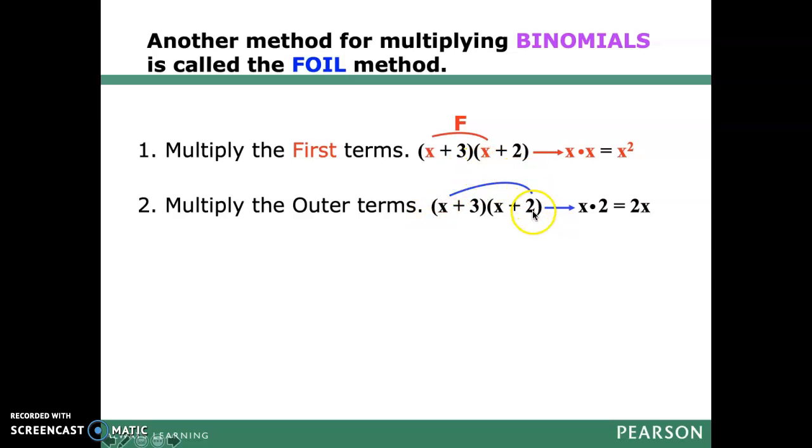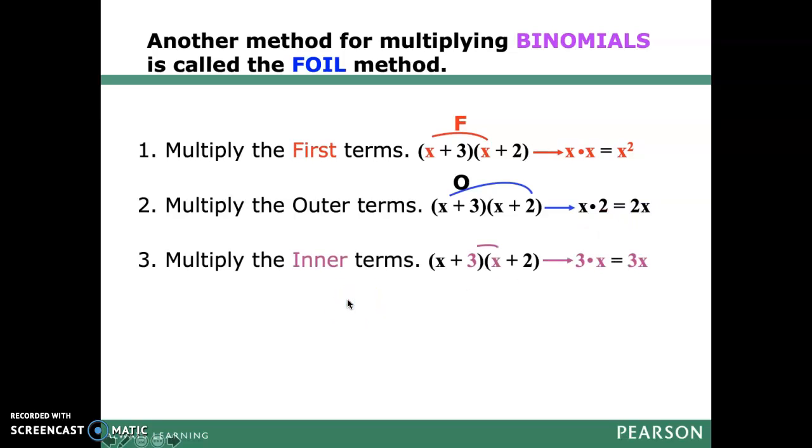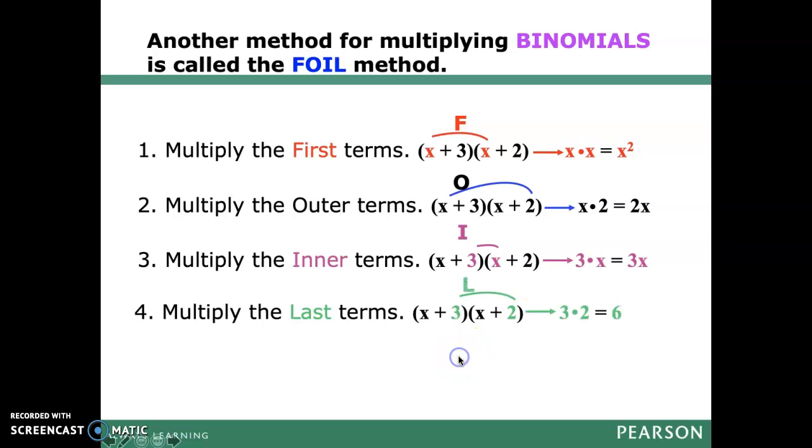Multiply those two outer terms together, and you get 2x. The I stands for multiplying the inner terms together. These two inside terms, what's 3 times an x? Yeah, 3x. And L stands for the last two terms. The last term in this quantity times the last term in this quantity gives me 6.